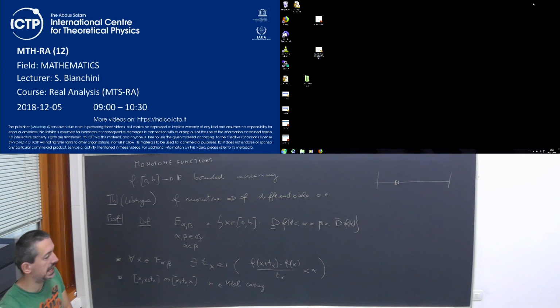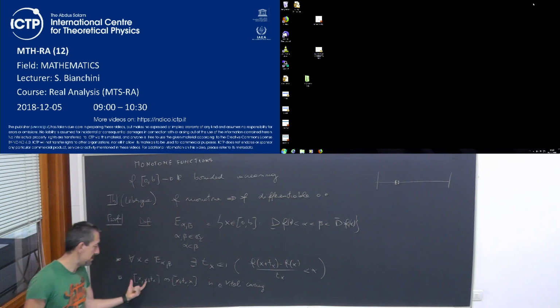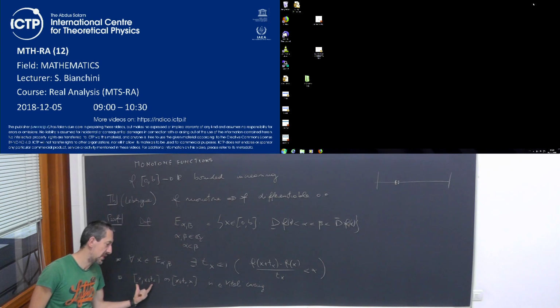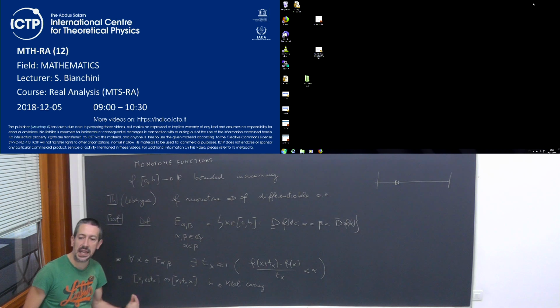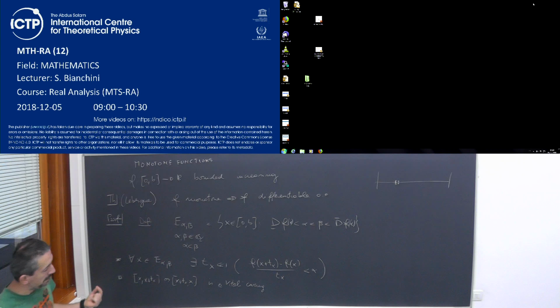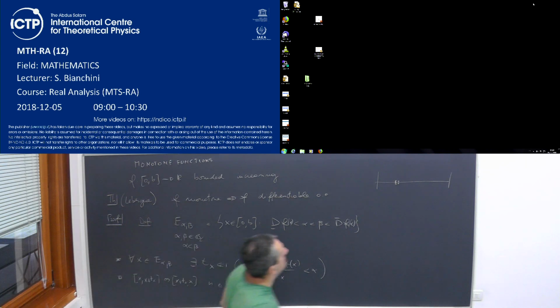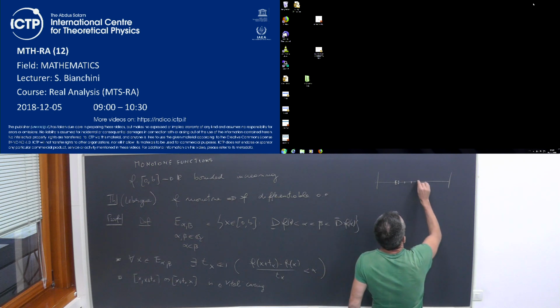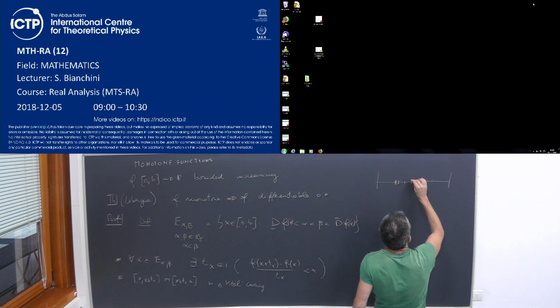Every point has a neighborhood that belongs to one of the family of closed intervals, and these intervals can be taken as small as I want. So I'm very happy now to say that I can cover my set with countably many disjoint intervals of these.